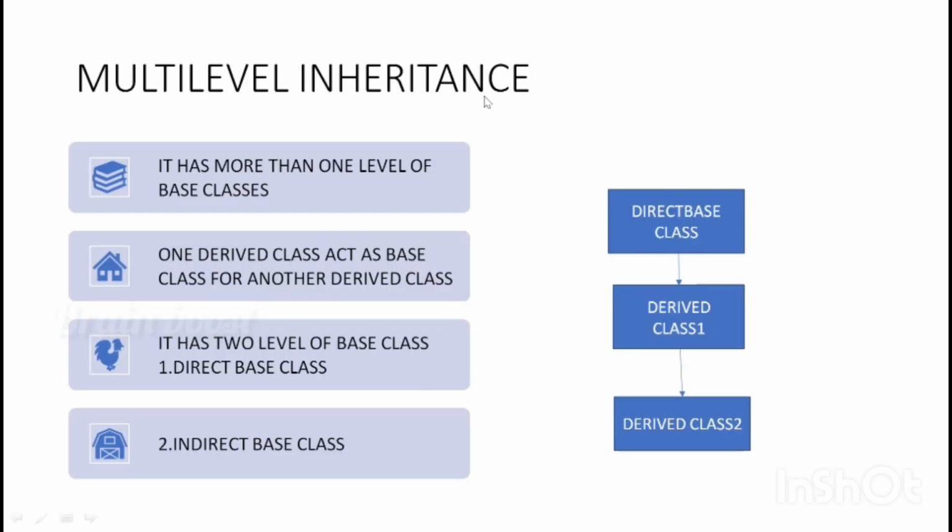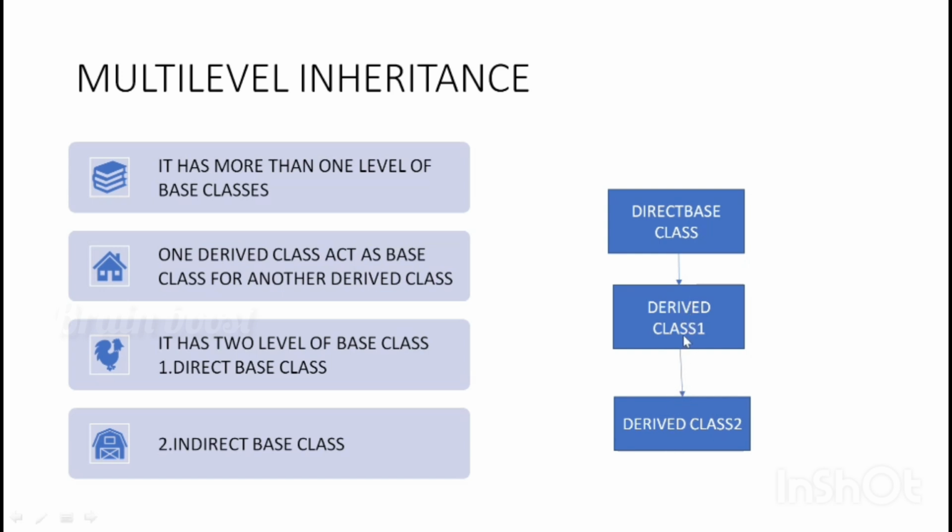Next is multi-level inheritance. It has more than one level of base class. It's called multi-level inheritance. One derived class acts as a base class for another derived class.